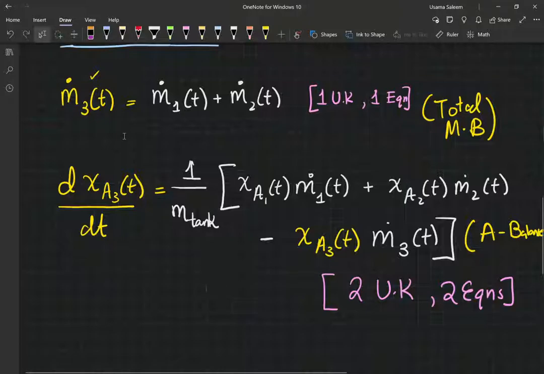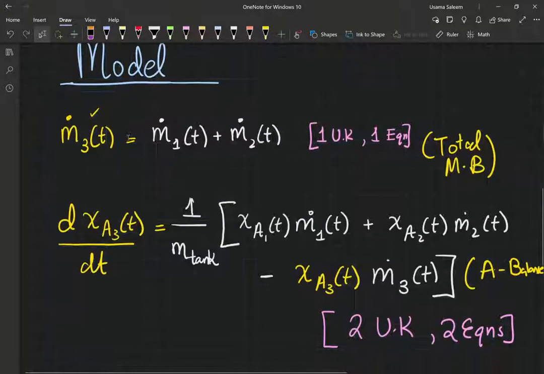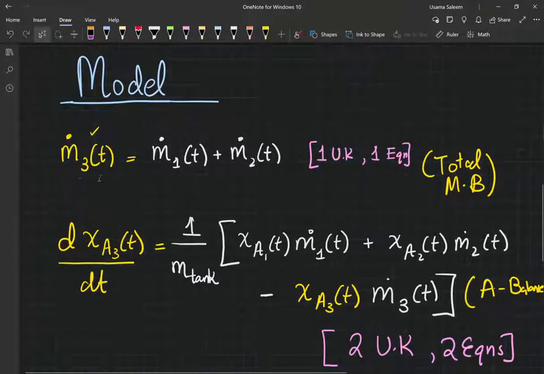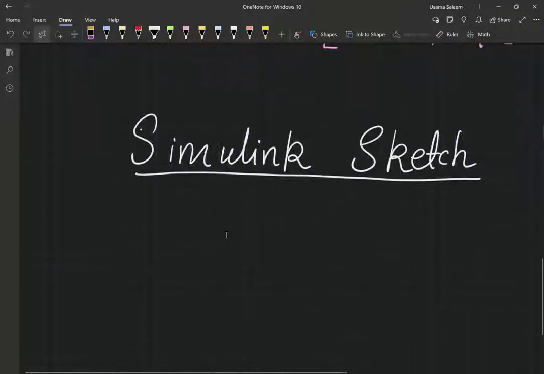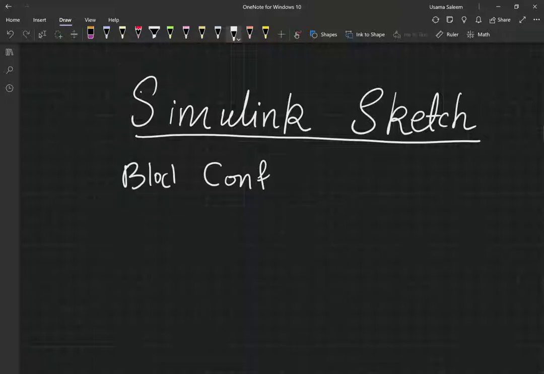So now, once we have the initial conditions, we have one algebraic equation and one first order differential equation. Now we need to get a Simulink sketch. I'm going to try to draw how my block configuration is going to look.